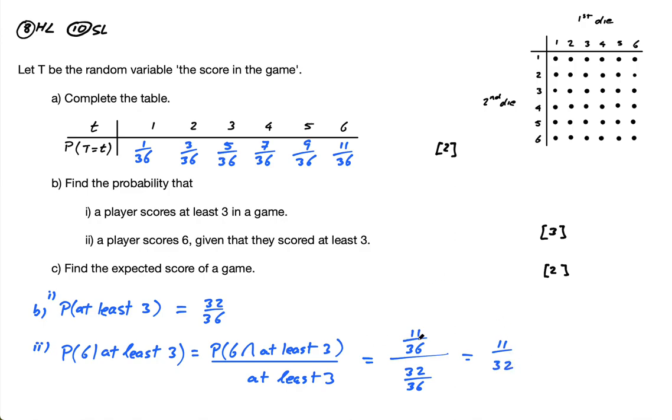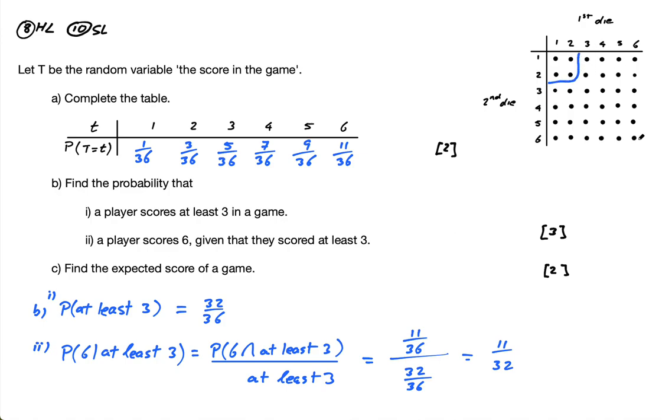I like to show this way because this way always works, the formula. But another maybe easier way to think of it is, given they score at least 3, it's basically all of these.